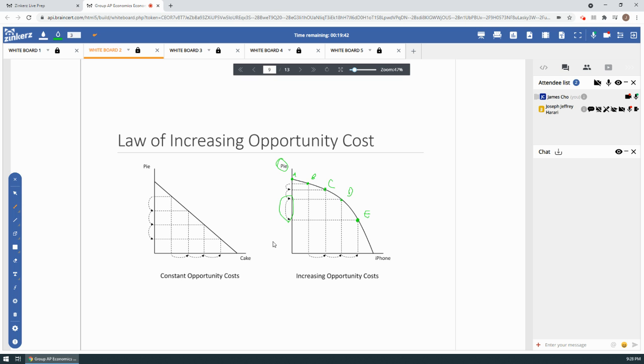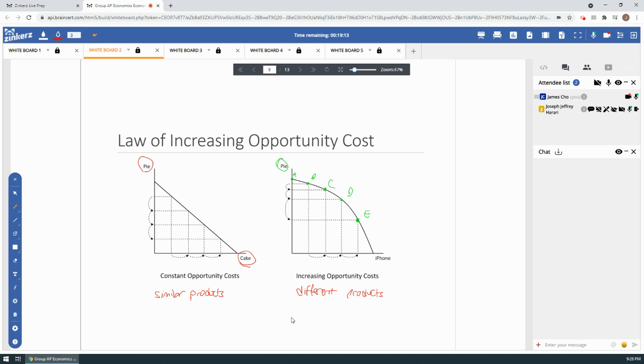So when I have two products that are very, very similar to each other, similar products, like pie and cake. Okay, this is what my PPF curve is going to look like, a nice straight line. Okay, when I have very different products or dissimilar products, well, this is what my PPF usually is going to look like, nice and bowed outward.